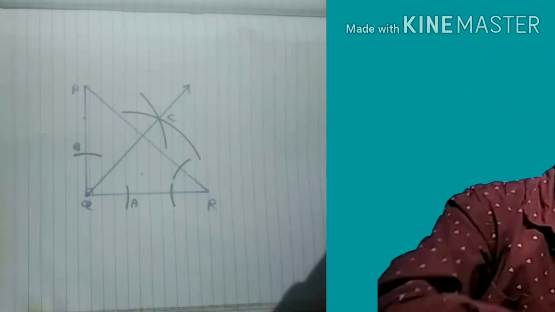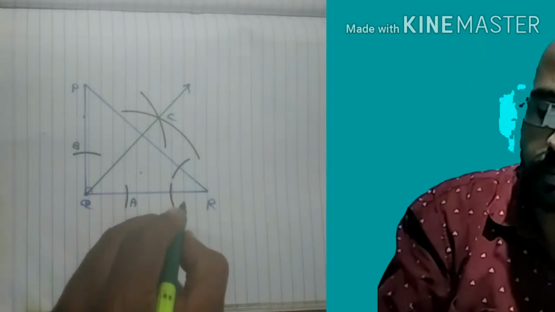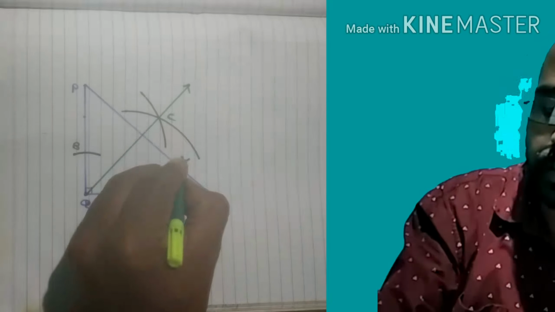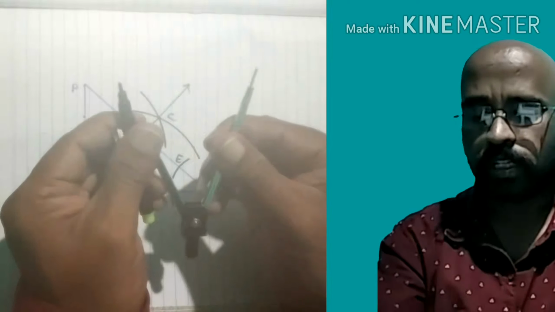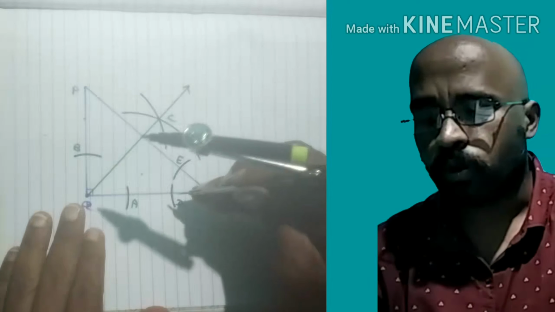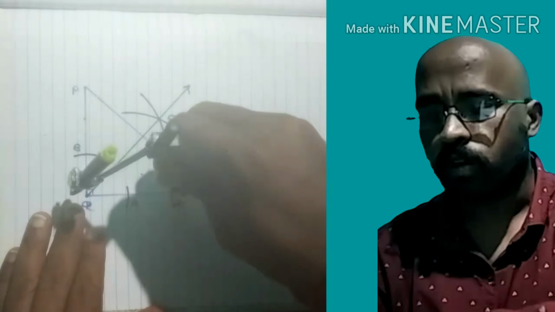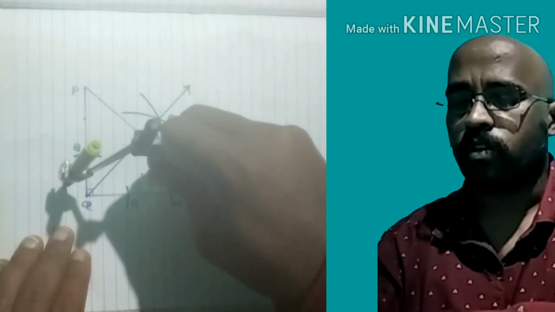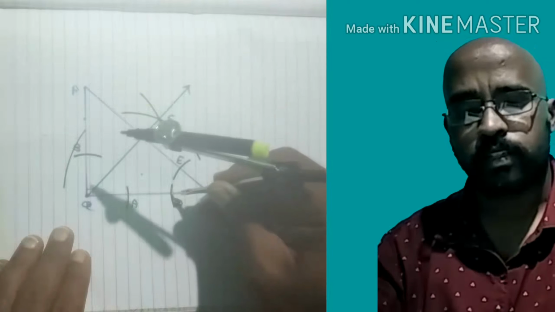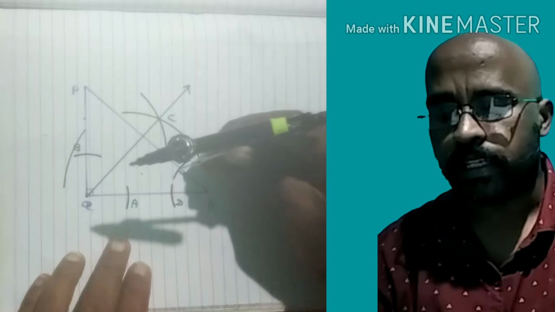Now give them names. Suppose these are points D and E. Now increase this distance such that the projected arc will go out of the triangle. So I will increase it a little bit and draw one arc. Okay guys, now from point E draw another arc intersecting the previous arc.